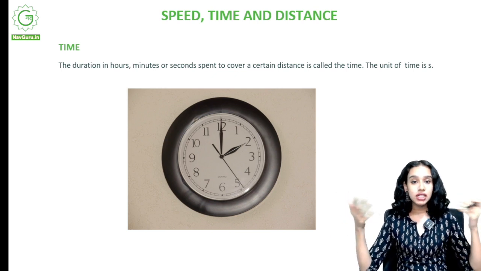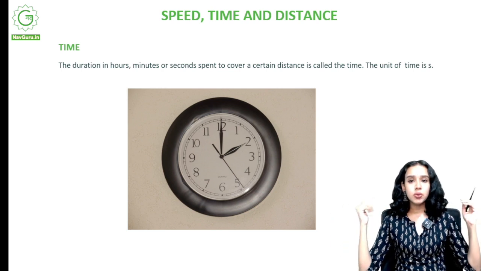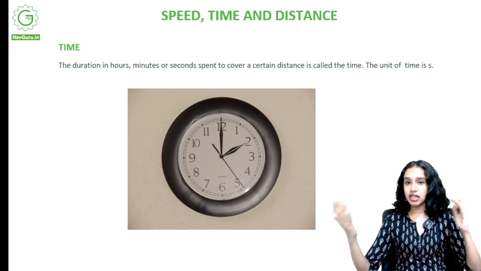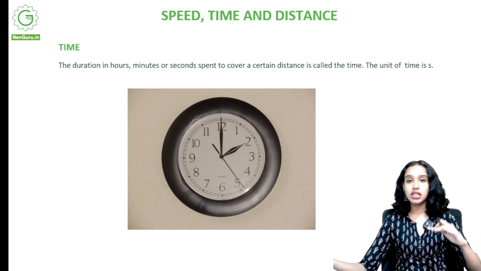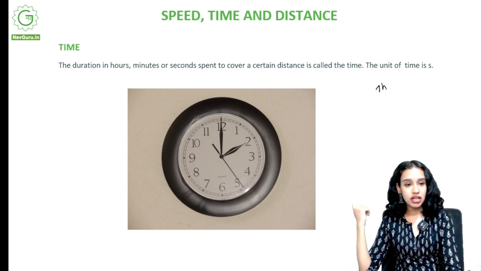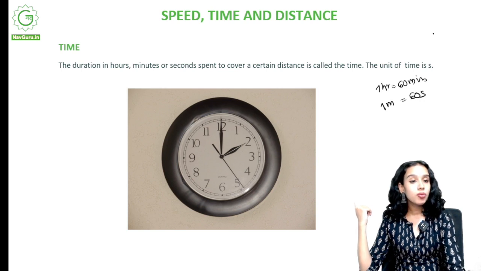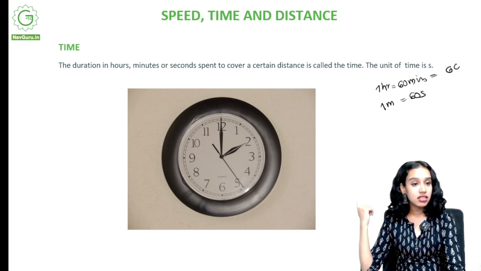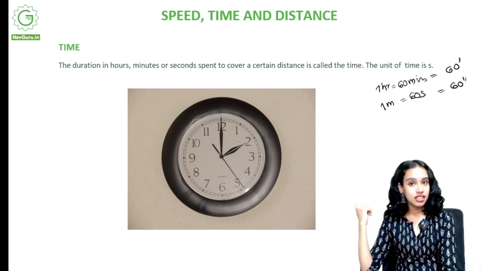So we could convert hours into seconds, and minutes into seconds, and we all know the conversions: 1 hour is equal to 60 minutes, and 1 minute is equal to 60 seconds, right? Minutes can be denoted by this mark and seconds by this mark.